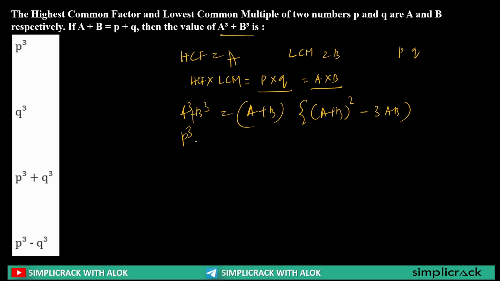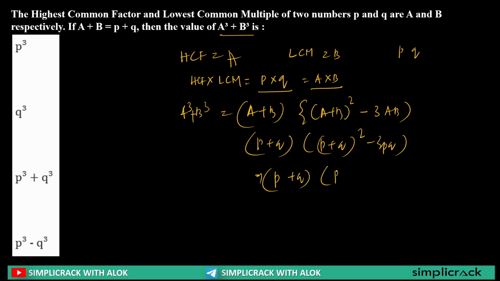So if we put it this way, it will be (P plus Q) into (P square plus Q square minus PQ), so the answer will be P/Q plus Q/P.